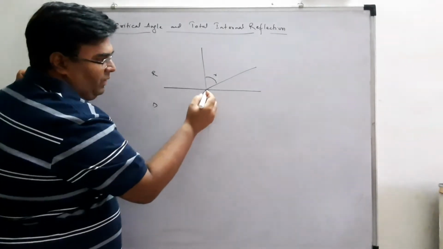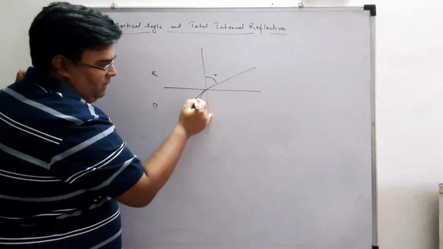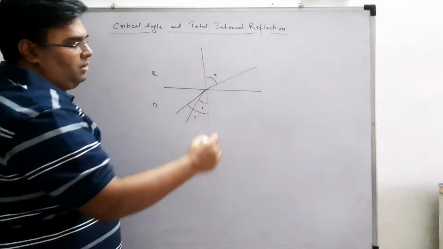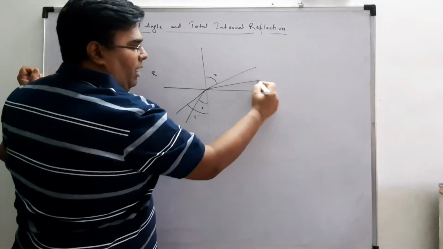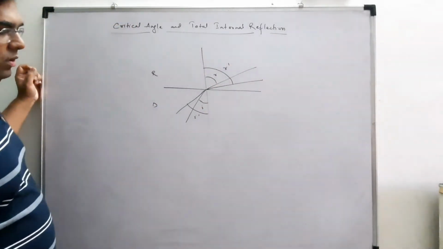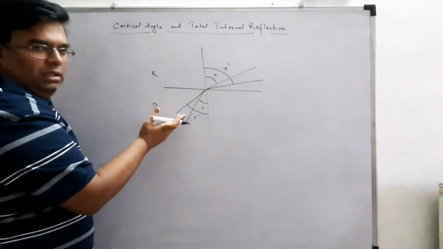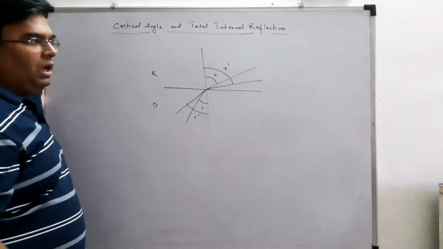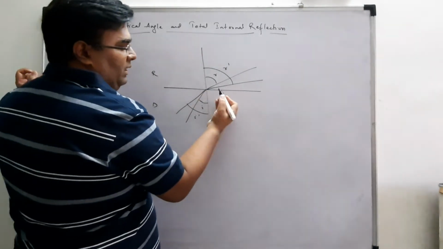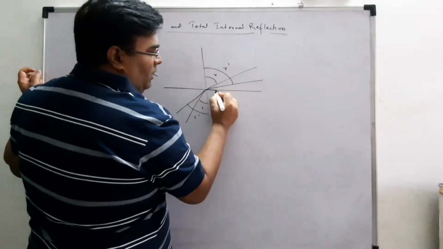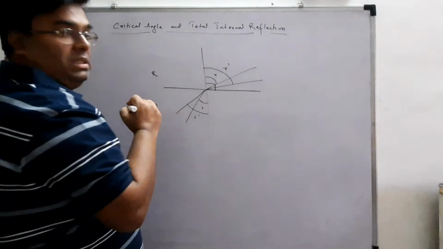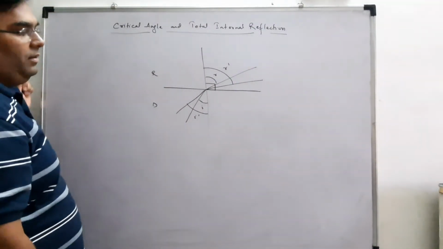Understand the process. If I increase the angle, suppose this is my I dash, it will bend away, it will be R dash. So if we keep on increasing the angle of incidence, at one point what will happen? My refracted ray will be at this angle, which is 90 degrees, right?